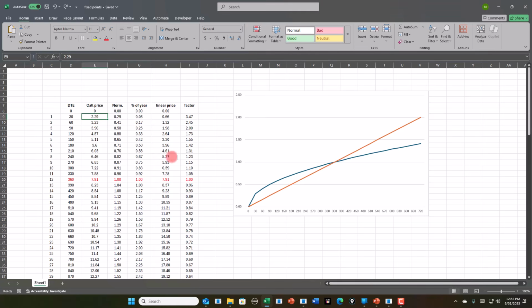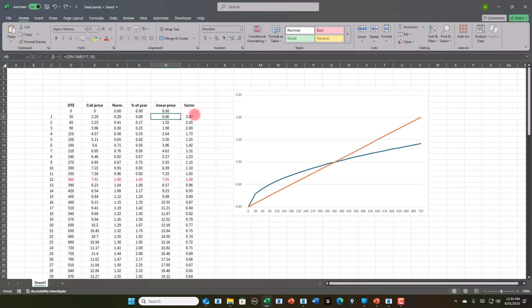So again, if they were priced according to our fixed point of a 1-year option, and this is only 1/12 of the year, they would be trading for 66 cents. But they're not. You have to pay $2.29. That is 3.47, almost 3.5 times more than if they were priced linearly. So that's 250% greater.